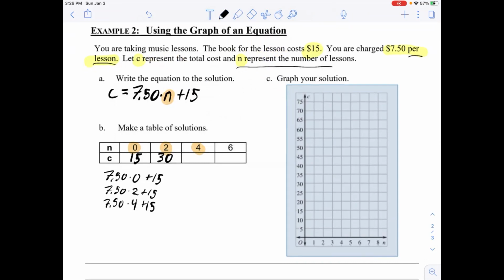Well, 7.50 times 4 is 30, plus 15 is 45. And then lastly, we'll do 7.50 times 6 plus 15. 7.50 times 6 is 45. Again, you can do that on your calculator. And 45 plus 15.